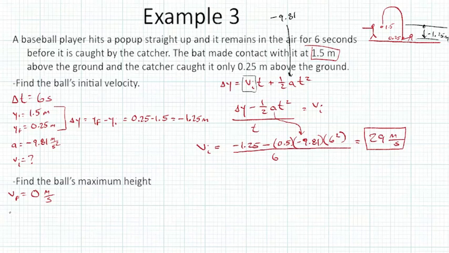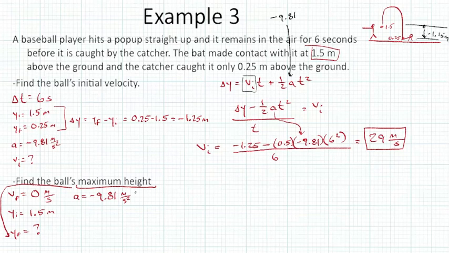Our initial position is 1.5 meters. We want to find our final position, that is, our total maximum height. So that's what we're trying to find. Our acceleration is still the same, negative 9.81 meters per second squared.